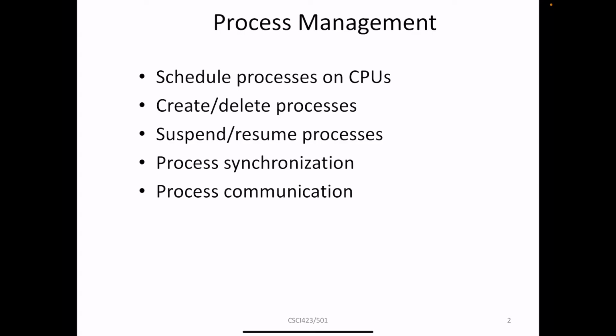Also, the processes need to communicate with each other to accomplish some tasks. For example, when you run a Microsoft Office Word process, one front-end process takes care of the user's typing and shows the result on the screen.